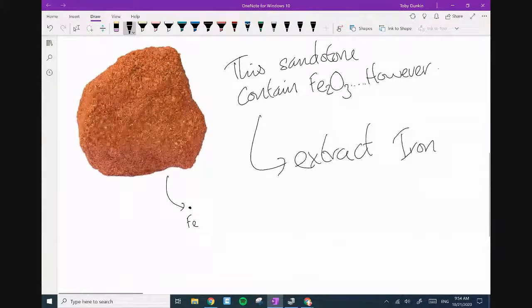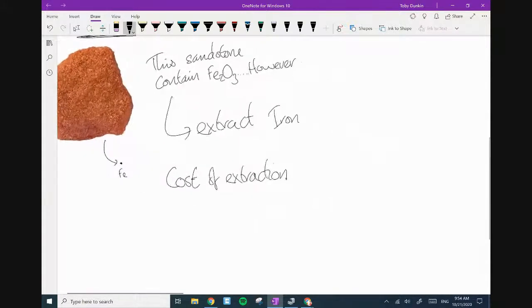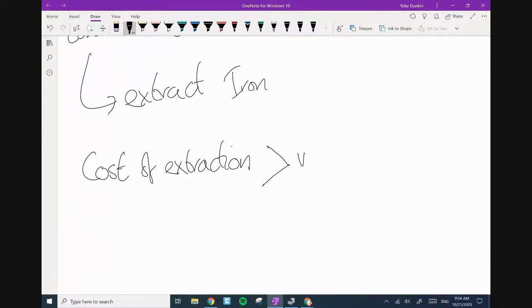What that means is the cost of extraction is greater than the value of the iron extracted.